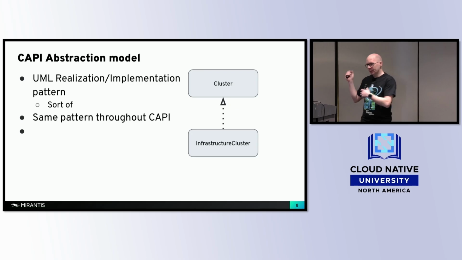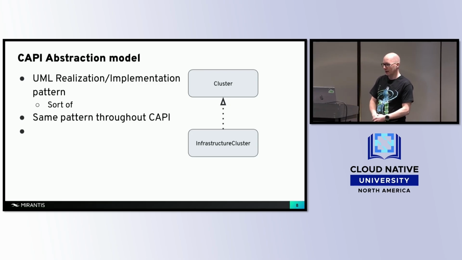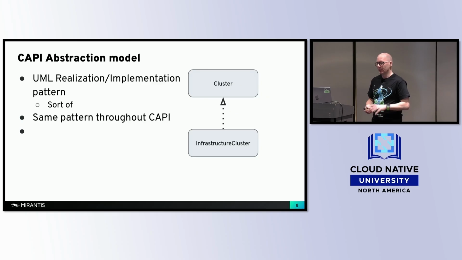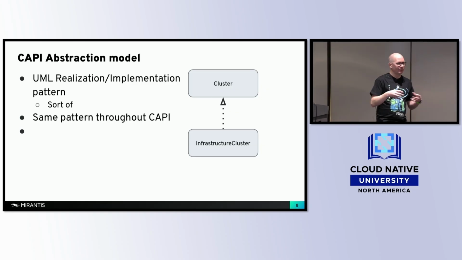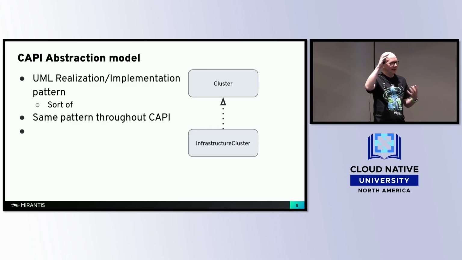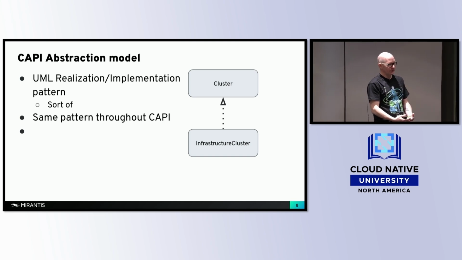We're going to dive into some of the main concepts and main custom resources, but a very, very common pattern in Cluster API is this abstraction model where Cluster API defines very abstract things like cluster. That doesn't really mean anything yet. So we also have to tell what kind of infrastructure we use for that cluster.